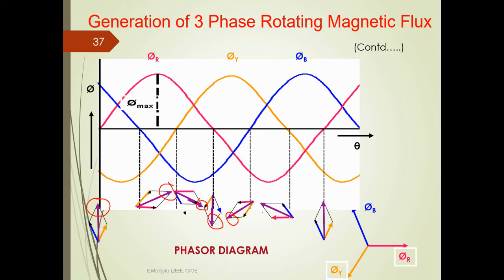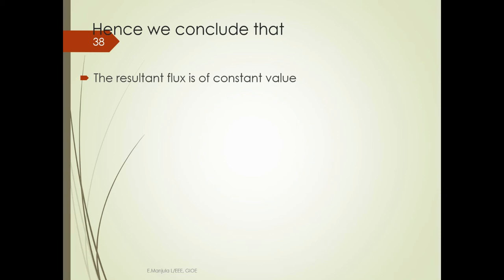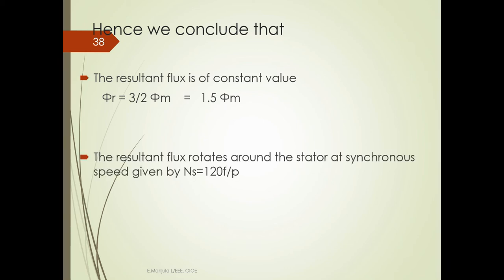The resultant flux is also rotating through 360 degrees. Hence, we conclude that the resultant flux is of constant value at every point. So pi r is equal to 3 by 2 pi m, which is equal to 1.5 pi m.